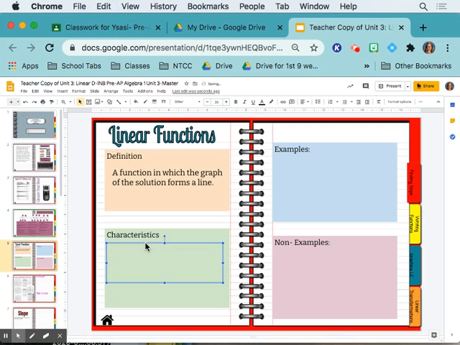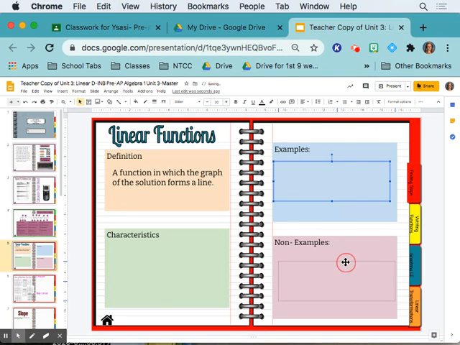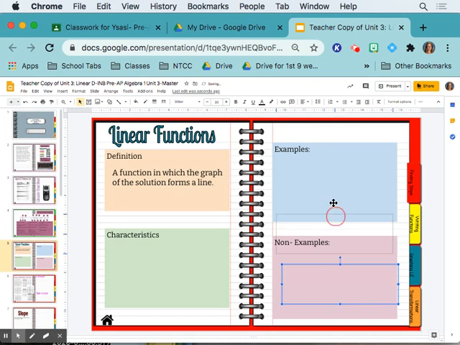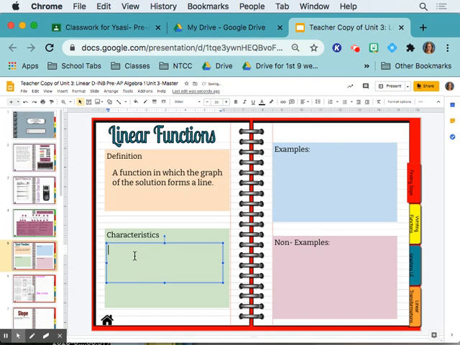Okay, let's talk about the characteristics of a linear function. One of them that we wrote in the previous was that it forms a line. What else? In order to form a line, what do we know about the point from one point to the next? Continuous.